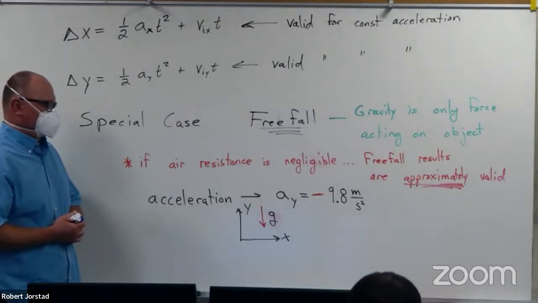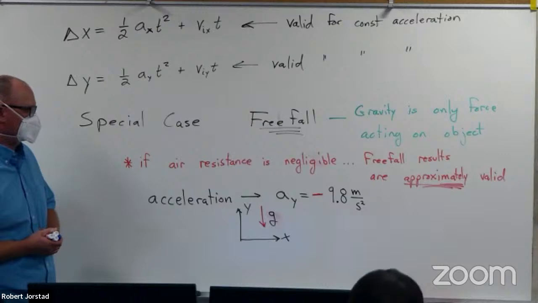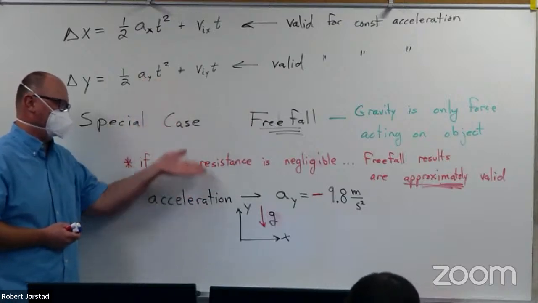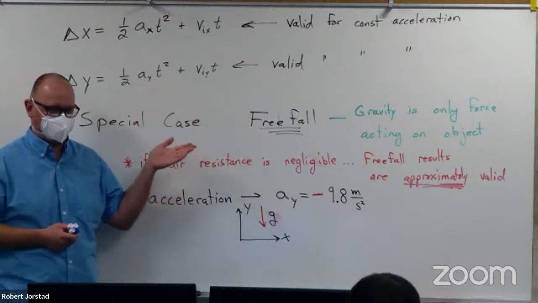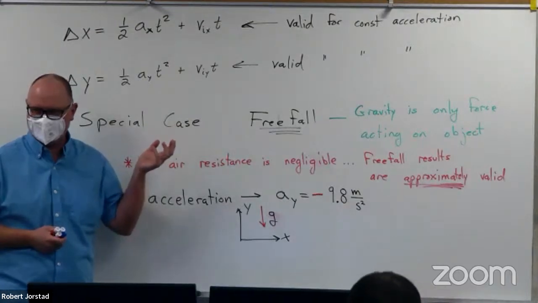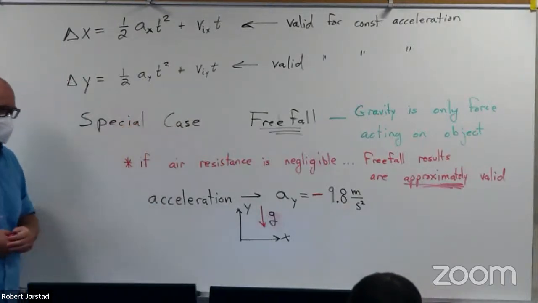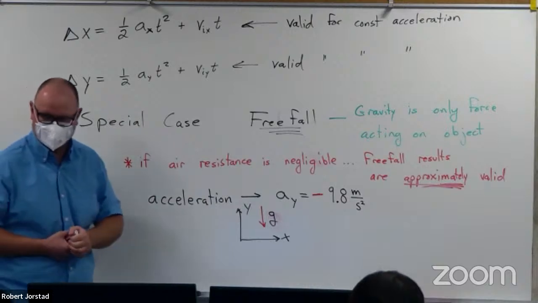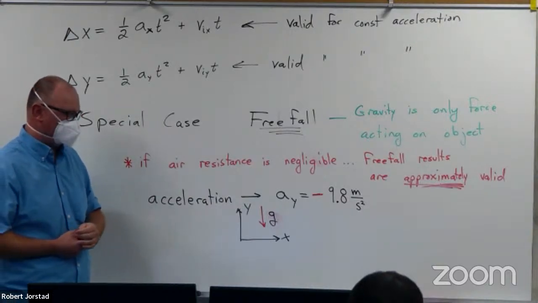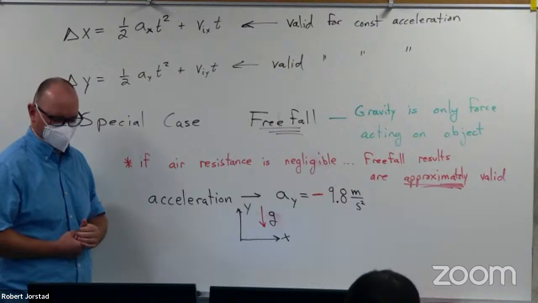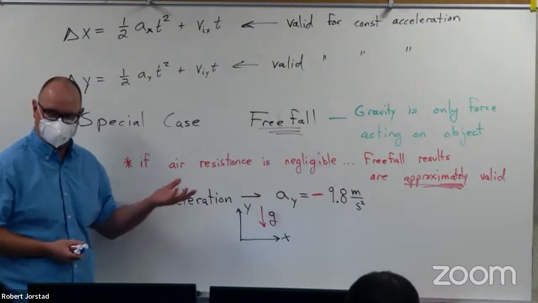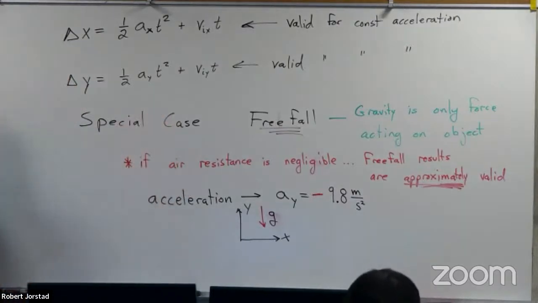All right, now here's the thing. Do you see anything in this explanation that talks about the type of object when we're talking about free fall? For example, do you see it referencing baseballs versus bowling balls versus tacos versus markers? I don't see anything up there.